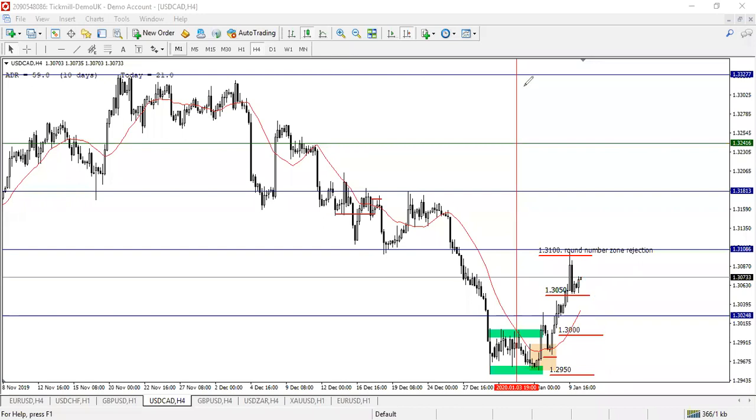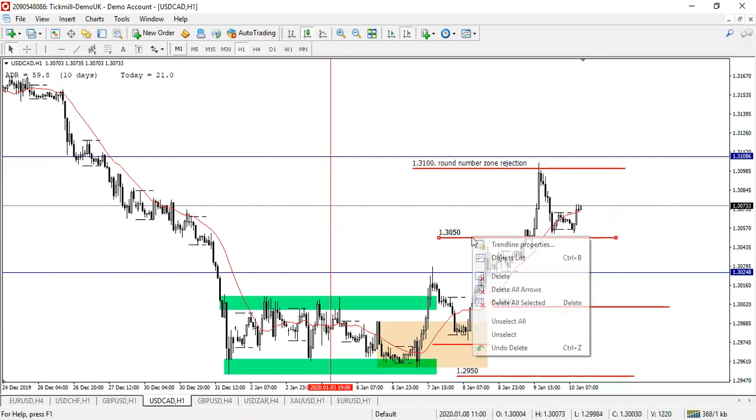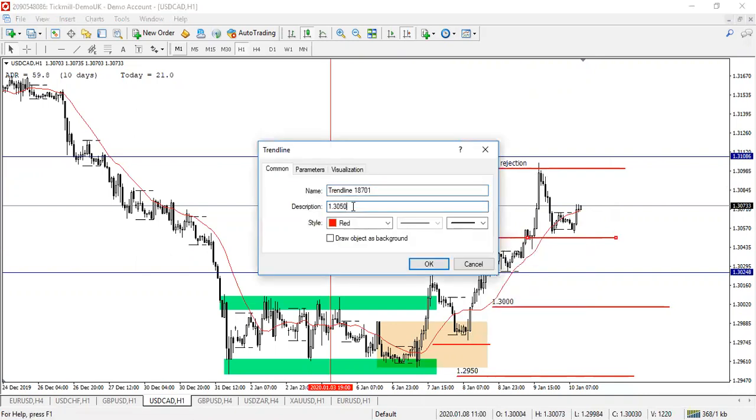It's not 100% certain to happen, but round number rejection is powerful, guys. So this is round number rejection. I hope you understand. So this is round number rejection, and this is round number break and retest.